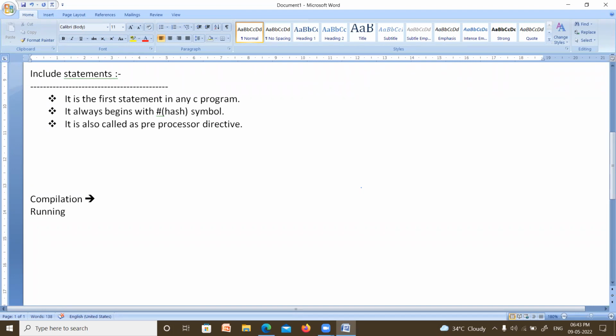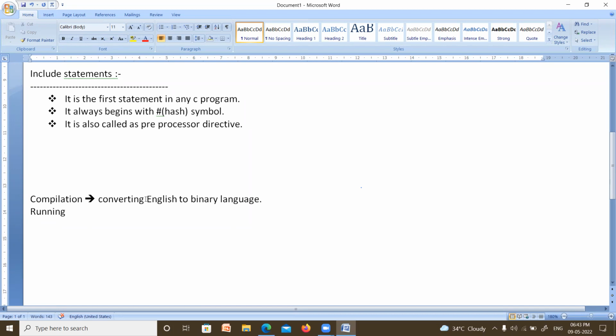So whatever program you write in English should be converted into machine understandable form. That process is called compilation: converting high level language, English, to machine language, binary language.